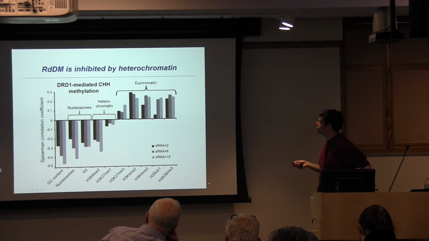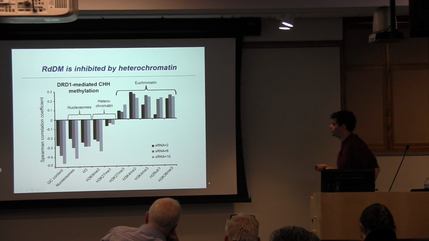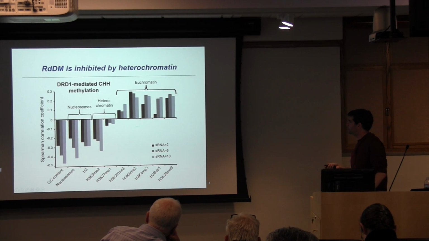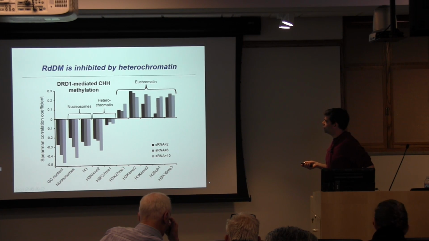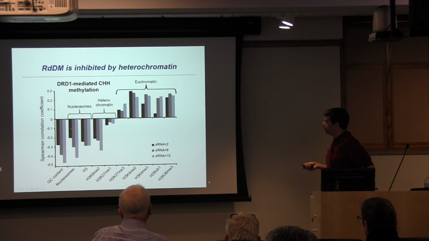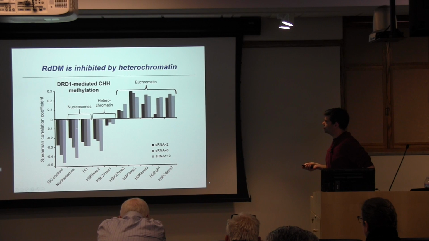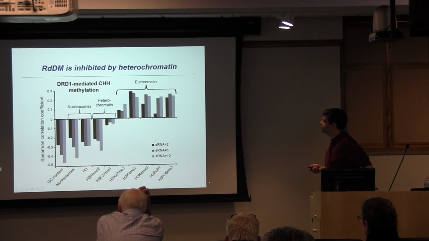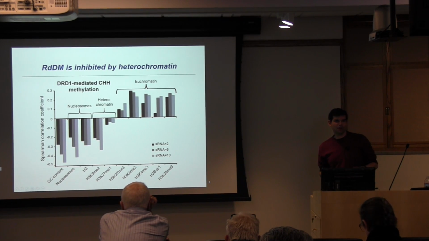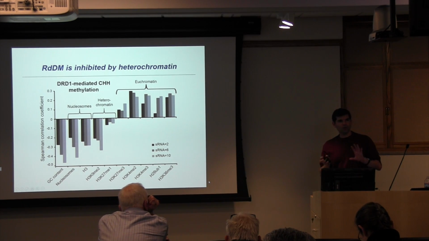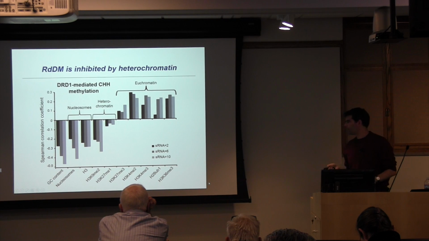So RDDM doesn't work very well in heterochromatin. It works much better in euchromatic transposons. But there's one feature here which isn't heterochromatin or euchromatin, it's nucleosomes. Nucleosome density correlates negatively with RDDM and positively with DDM1, and we'll get back to that later in the talk. But basically, for now, heterochromatin is DDM1 and euchromatin is RDDM.